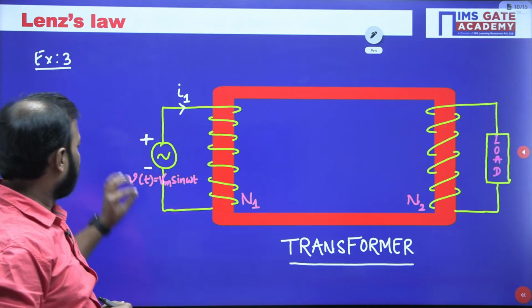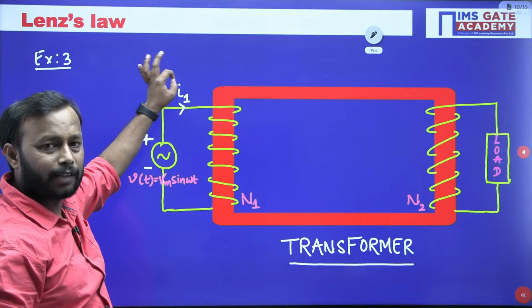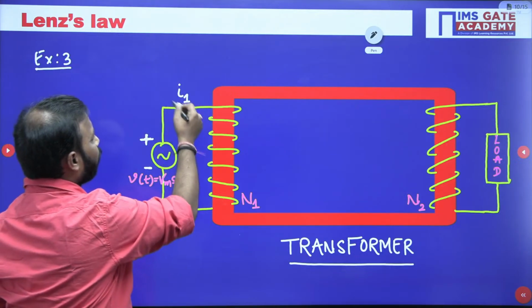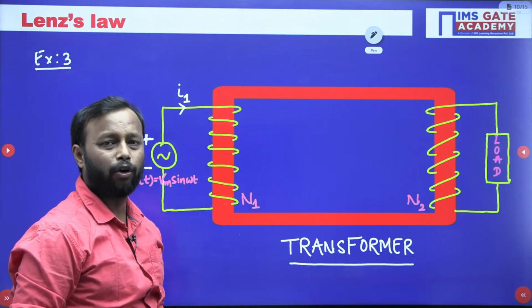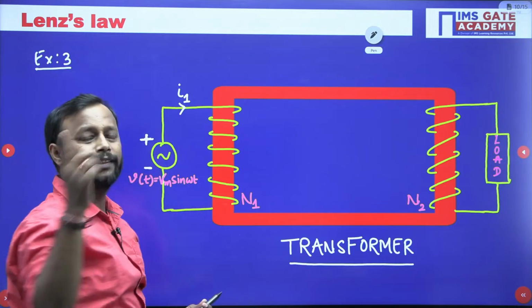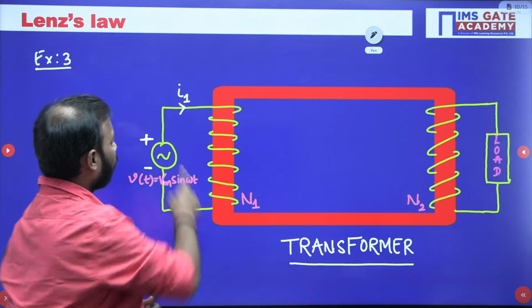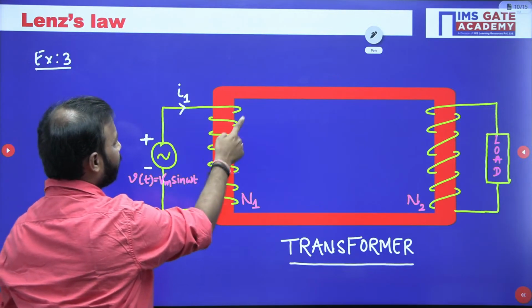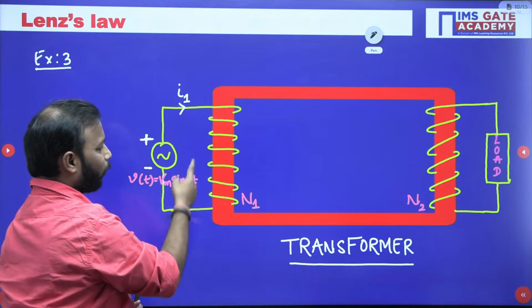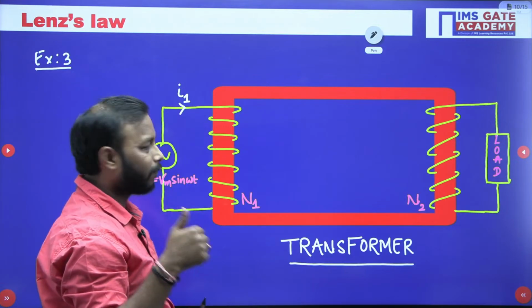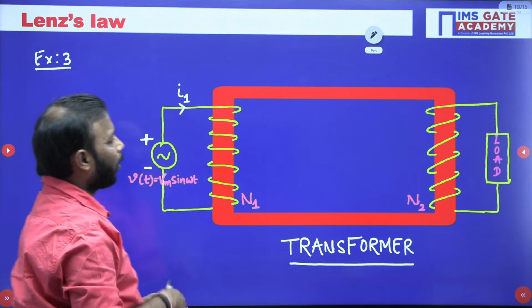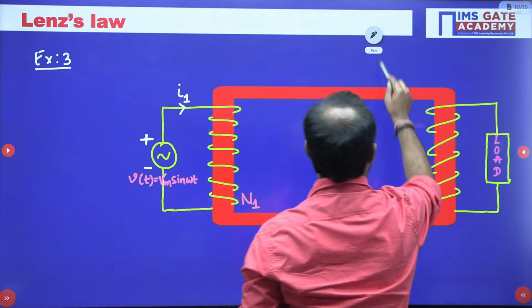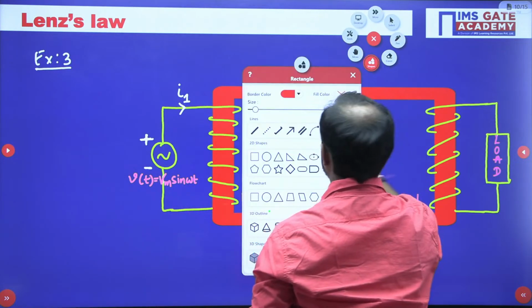Because this current is flowing through this particular coil, the flux is going to flow. See, the current is going in this way, so it will give you the magnetic flux. So the flux direction will be upward.